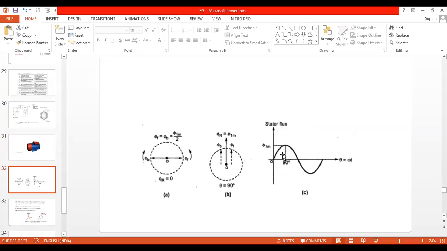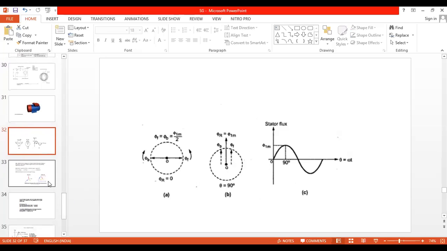I repeat once again: the alternating magnetic field is assumed to be the combination of two rotating magnetic fields phi f and phi b. One is moving clockwise, another is moving anti-clockwise. You have to give the notation: as the alternating magnetic field is the combination of two rotating magnetic fields, phi f is equal to phi b equal to phi m by 2. This is the simple assumption, and along with the single phase induction motor, we can put this explanation.